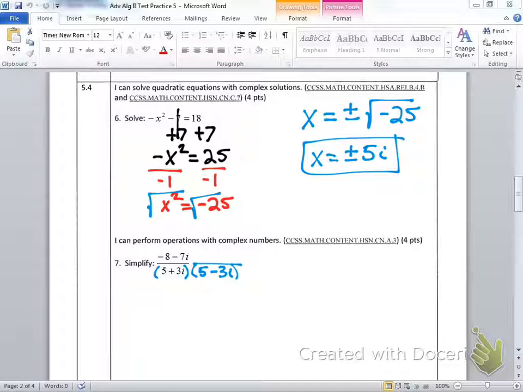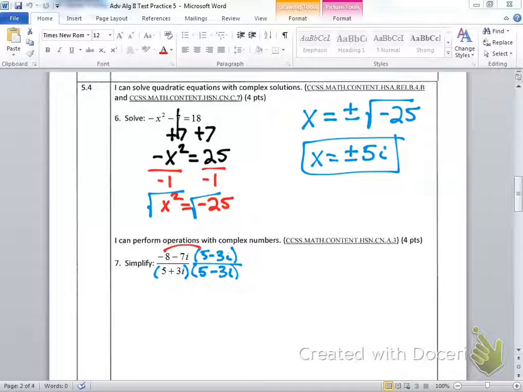We never even learned that. We sure did. Okay. So, yes, it's called the conjugate. You want to multiply by the same binomial, change the sign. The reason this works is you end up with an i squared term and no i term in the middle. And then we know that i squared is negative 1. So that's the trick here.